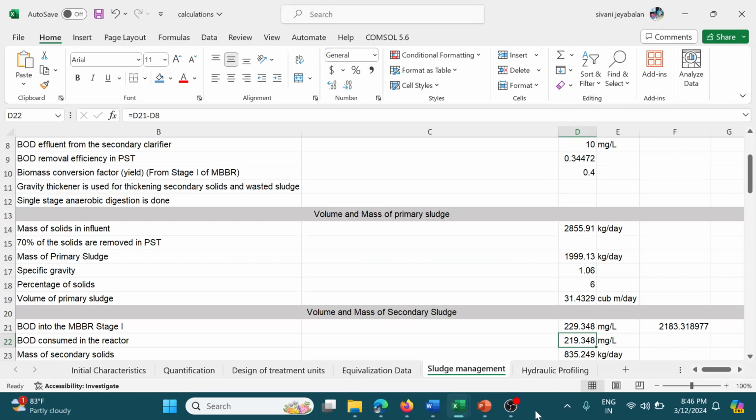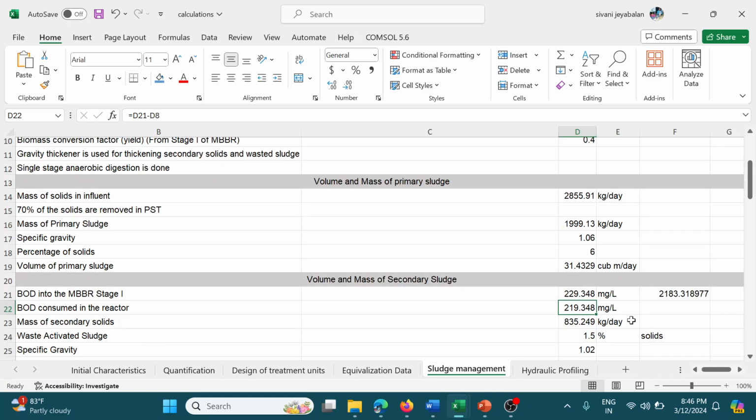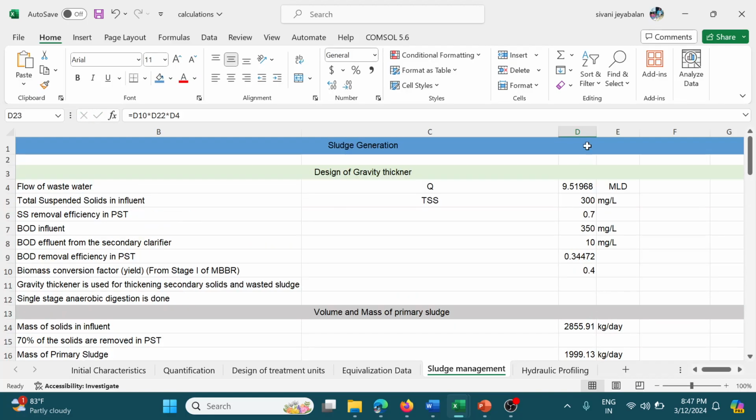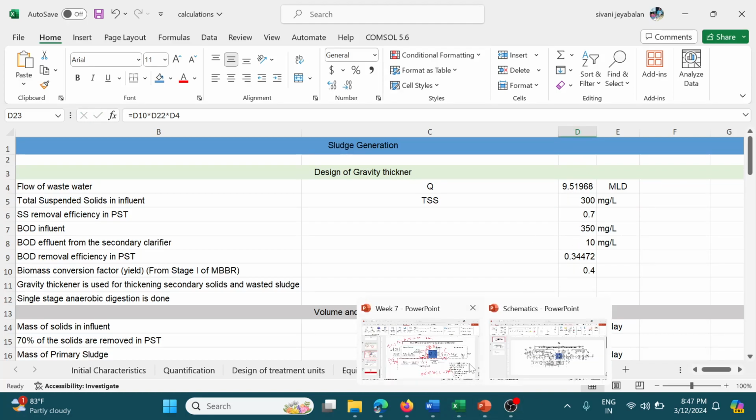Now we will go to the next step. BOD consumed in the reactor is BOD entering minus BOD effluent out of the secondary clarifier, which is 10.